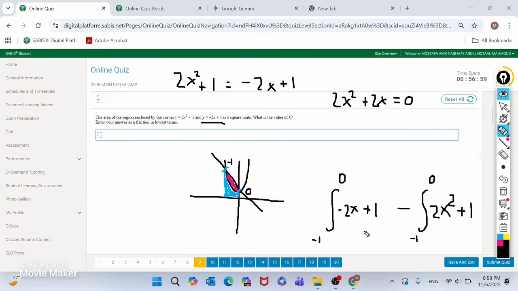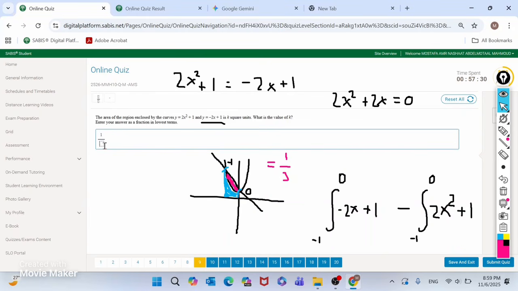When you solve this, you get 1 over 3. So the pink area equals 1 over 3, and that's the area we're trying to find.